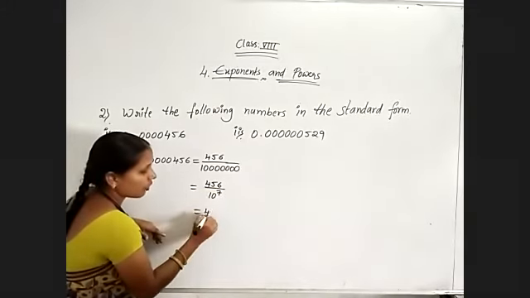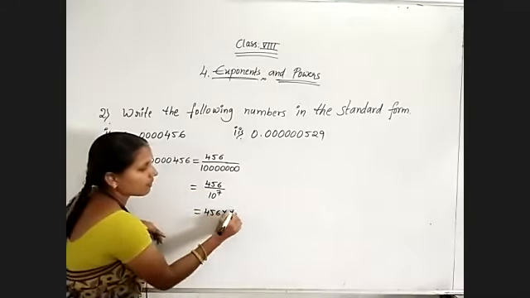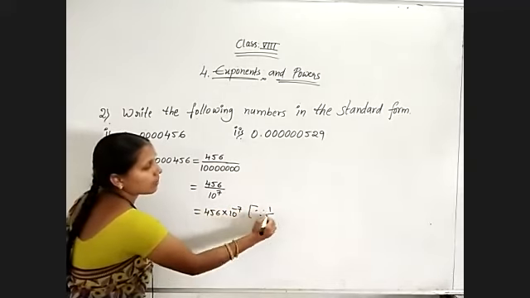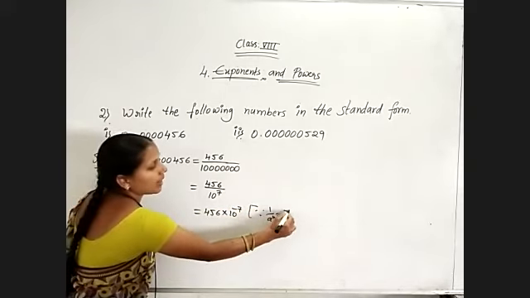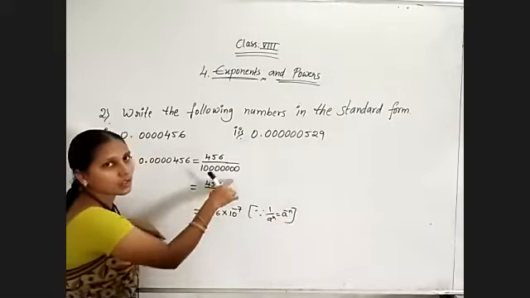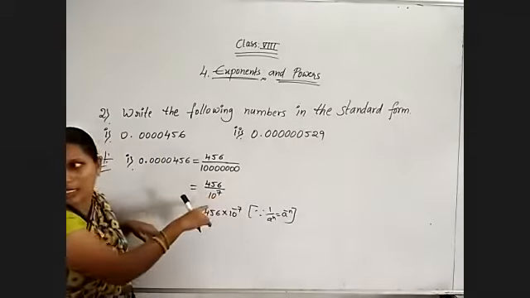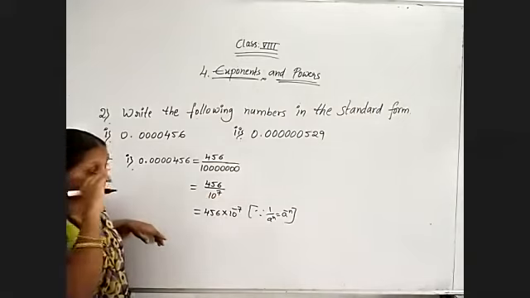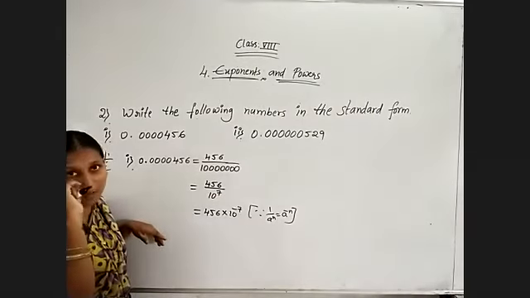That is 456 into 10 power minus 7, since we have the formula 1 by a to the power of n is equal to a to the power of minus n. So 456 into 1 by 10 power 7 is 10 to the power of minus 7.